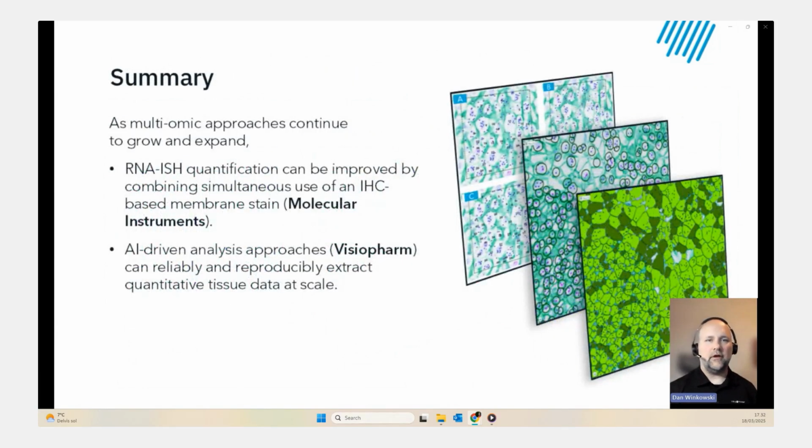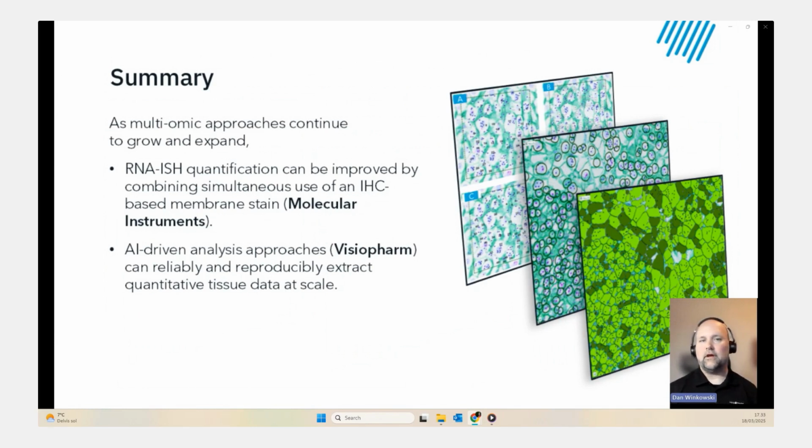Okay, so in summary, precise cell segmentation is critical for spatial transcriptomics workflows, and frankly, traditional methods, whether it be manual annotation or nuclear-based AI methods, just have significant limitations in this arena.